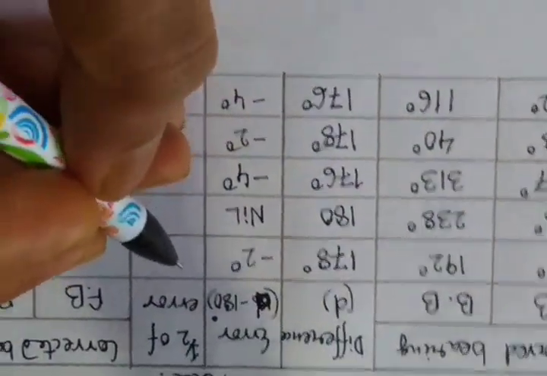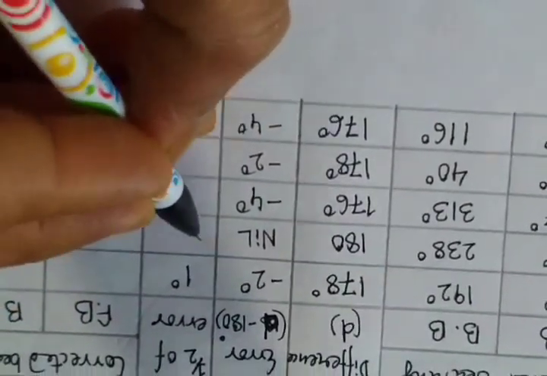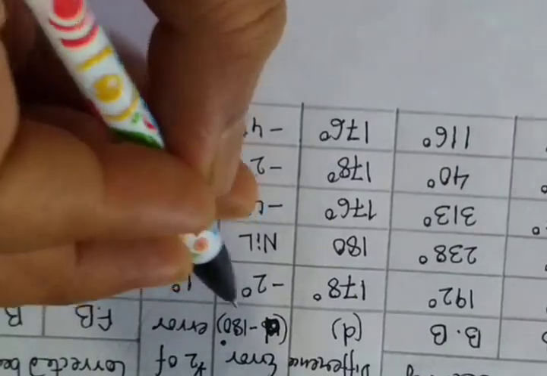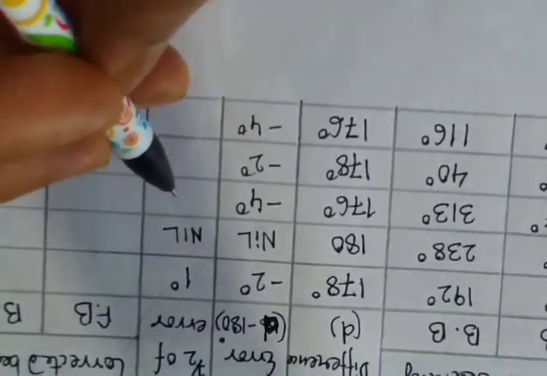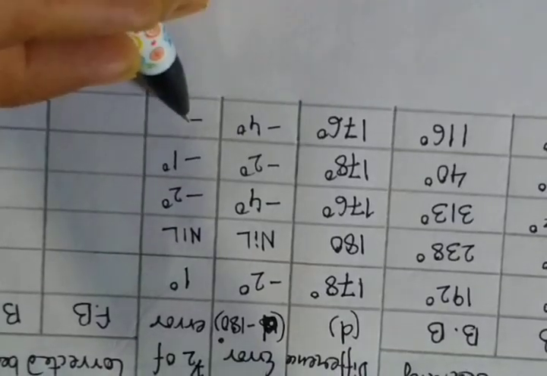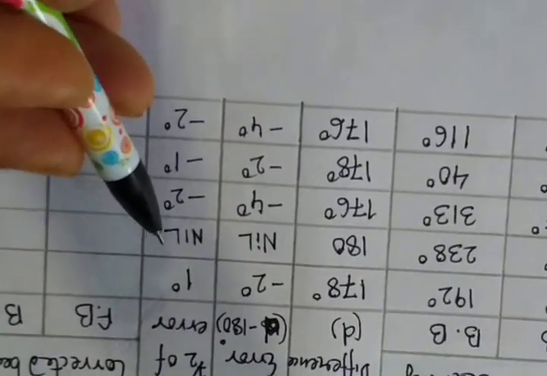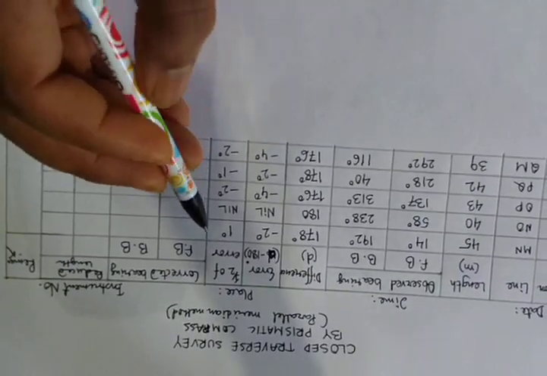So this one will be 1 degree. This one is nil because we have no error in this row. Next one is minus 2 degree, minus 1 degree, and again minus 2 degree. In this way we will find out the half of the error reading.